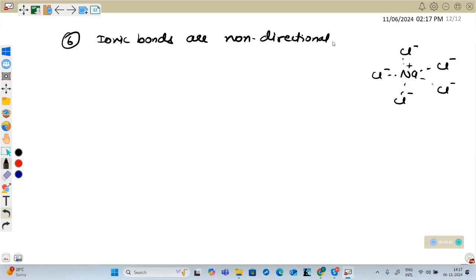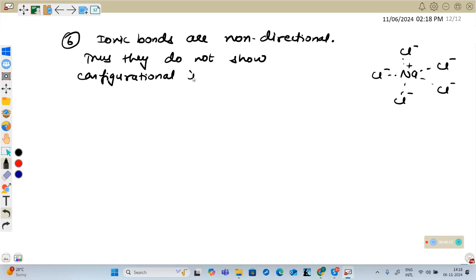So when the bonds are non-directional, they do not show configurational isomerism, as you will understand when we study the isomerism chapter. That is an important characteristic of covalent bond containing compounds.